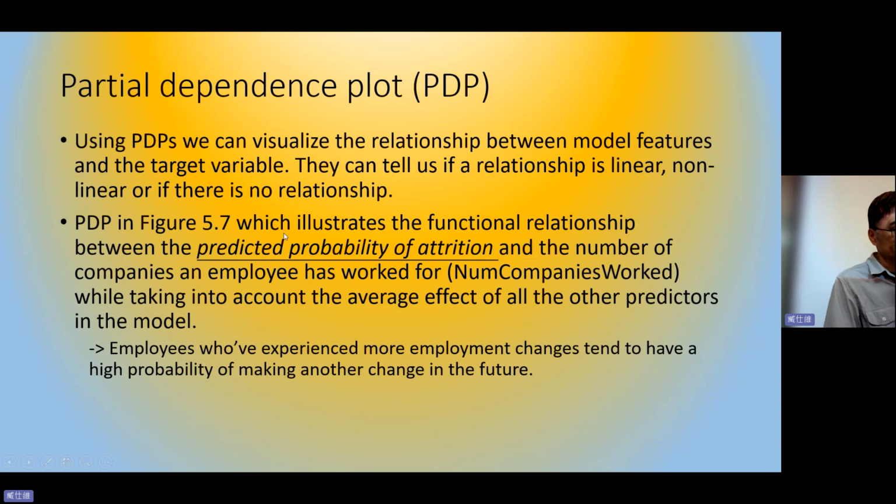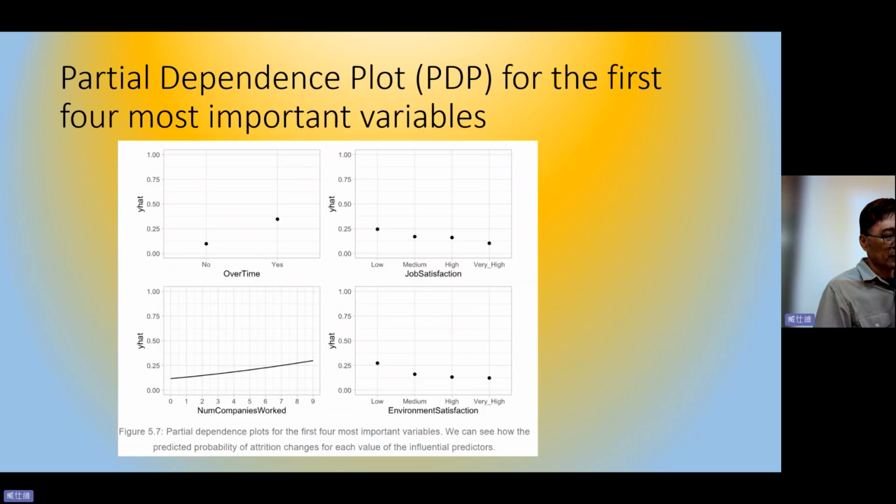So you can see here, figure 5.7 illustrates the functional relationship between the predicted probability of attrition. So the target variable now is the predicted probability of attrition, and the number of companies employees have worked. If you check this plot, the y hat is the probability of attrition.